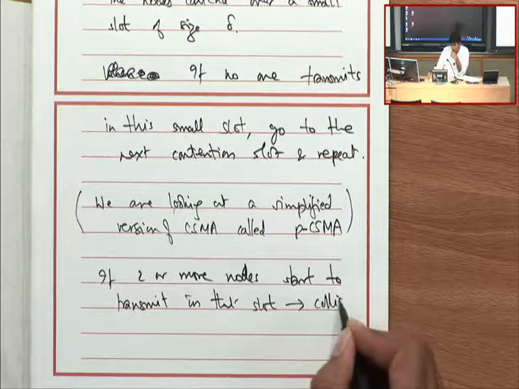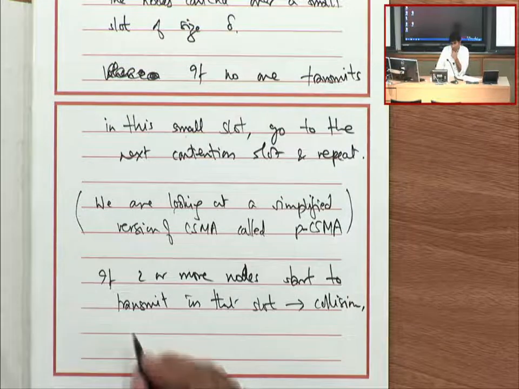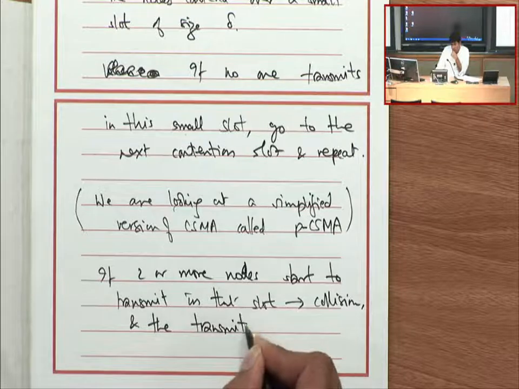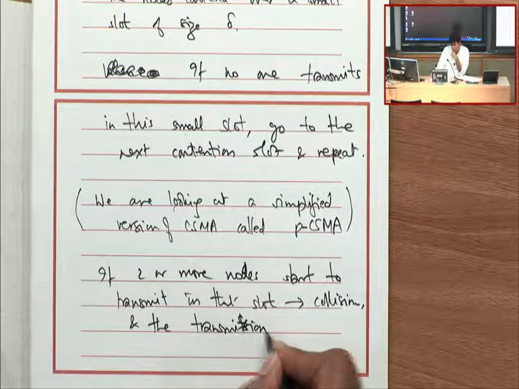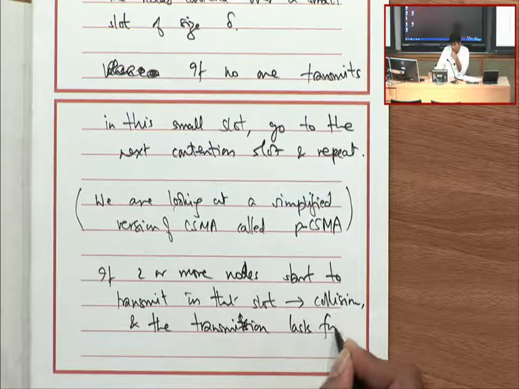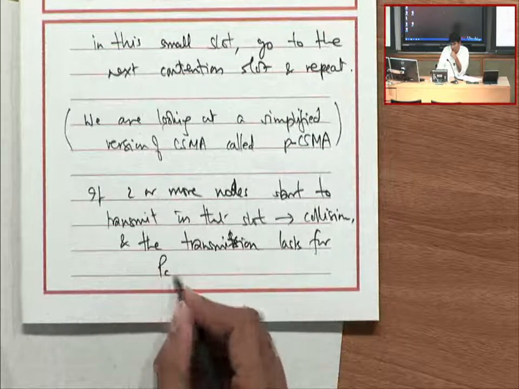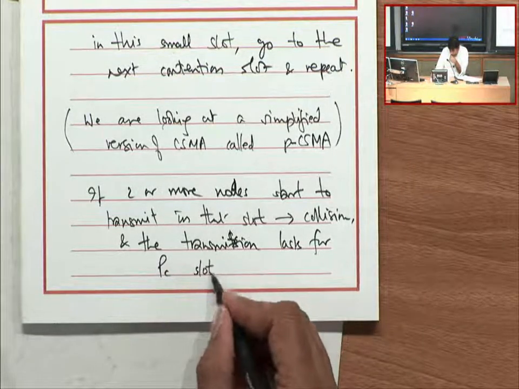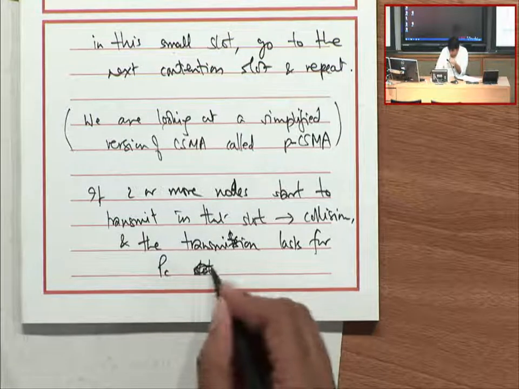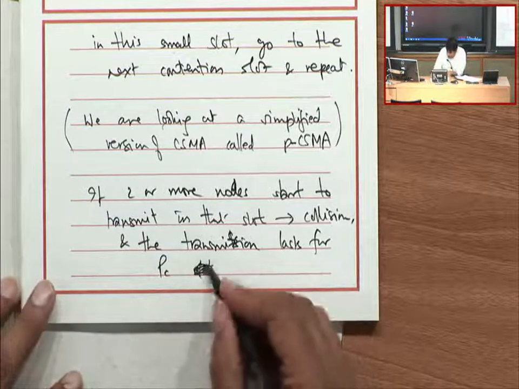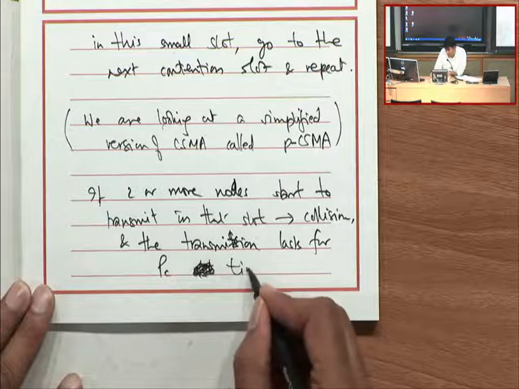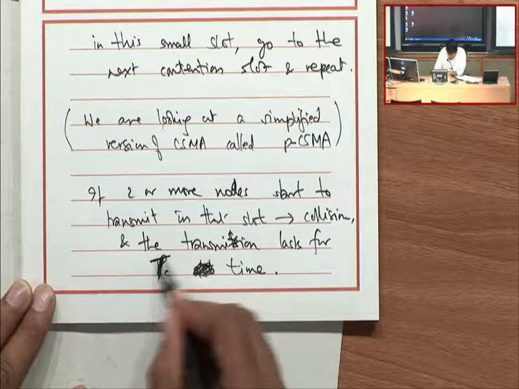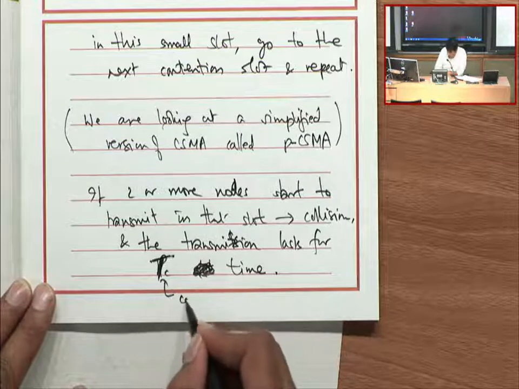There will be a collision, and the transmission lasts for a certain amount of time we're going to call TC. Think of this as the collision time.